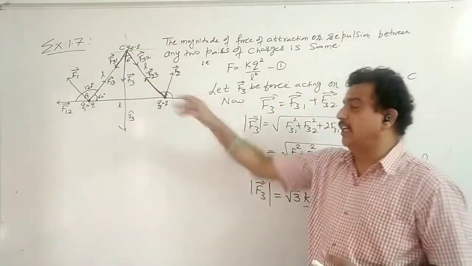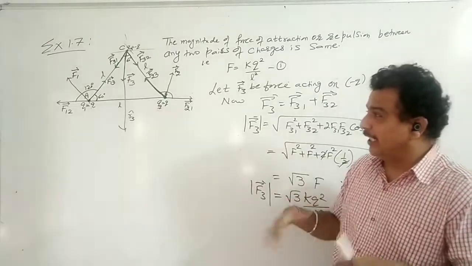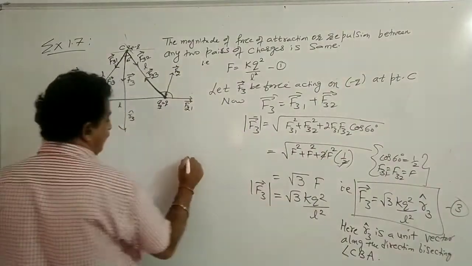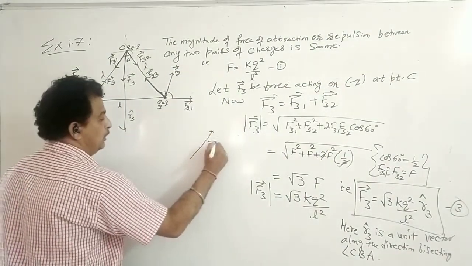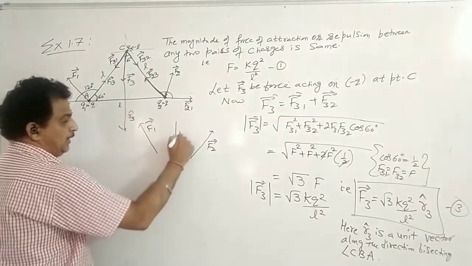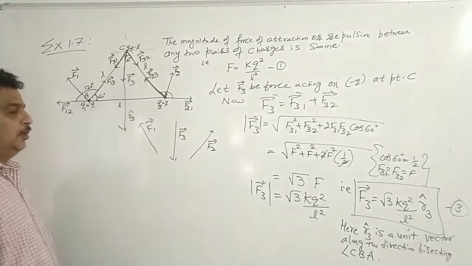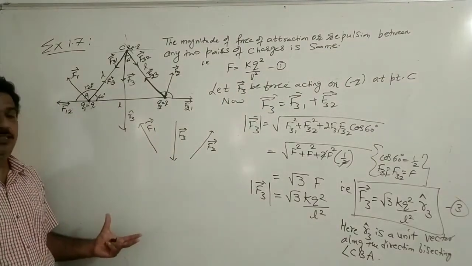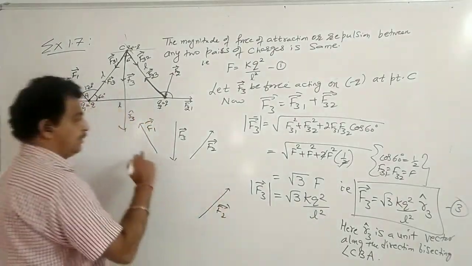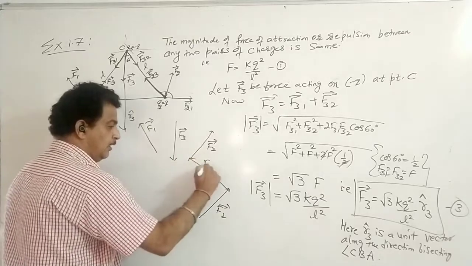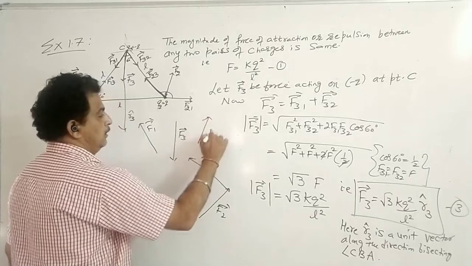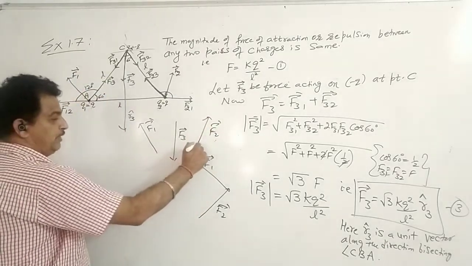So on each charge there are two forces acting. Now again, if I see these three forces, let us draw these three forces. This is your F2, this is your F1, and this is our F3. Now, without changing the direction, if I am able to make a closed loop, so this is my F2 again, this is my F1, and this is my F3. So individually this was the direction of the three forces.